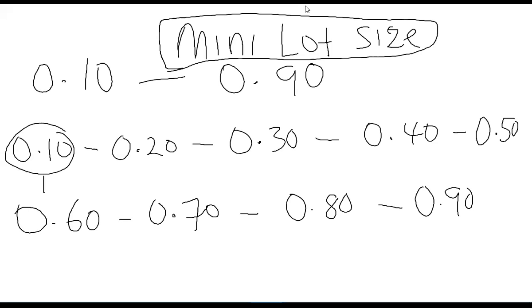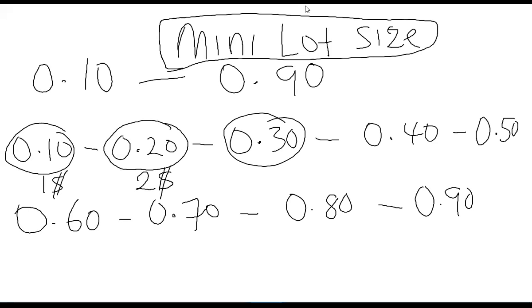You make $1, no longer cent. 0.20, you make what? $2. 0.30, you will make what? $3. 0.40, you will make what? $4.